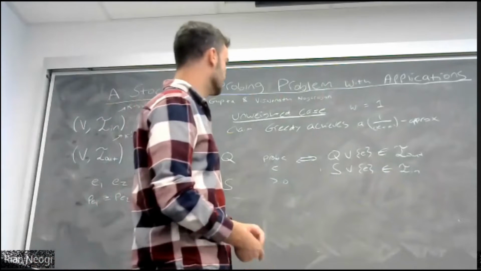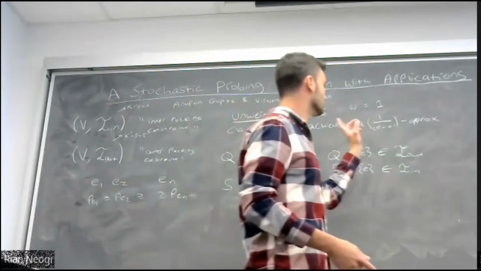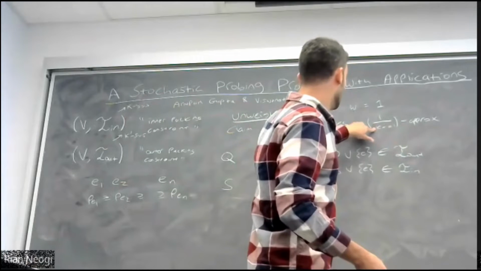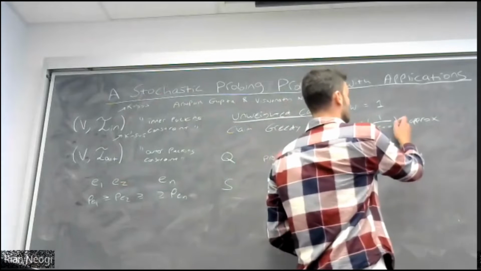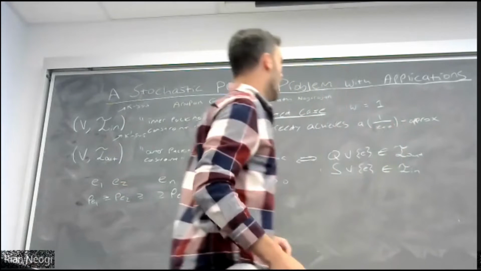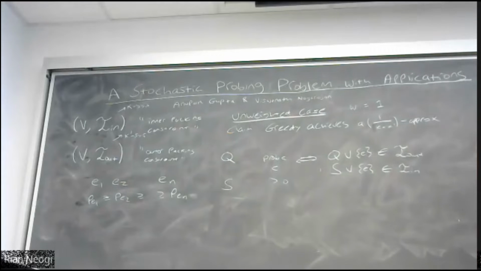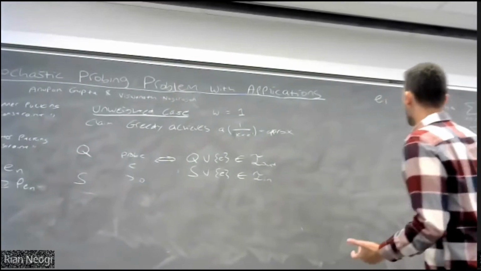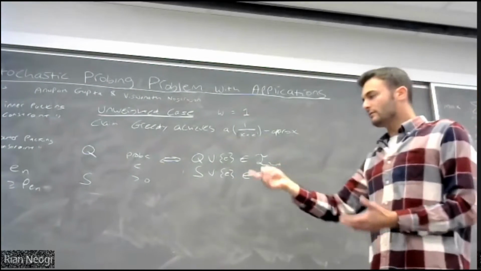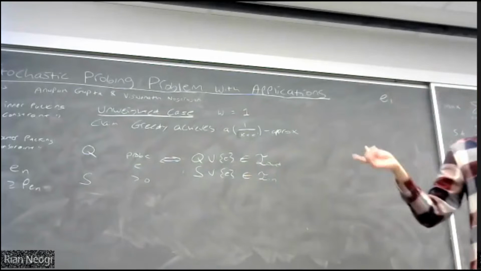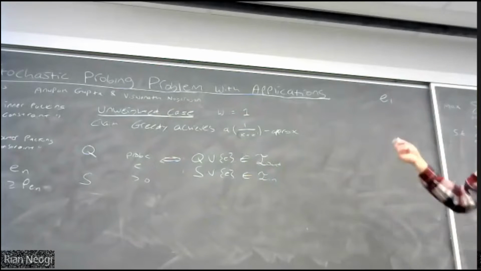And now we'll look at a proof of this performance guarantee. And we'll note that actually the greedy algorithm, we could summarize it with this directed tree. Because we start with E1, and we ask, can we probe E1? Maybe we can't even probe E1, but let's assume we can.